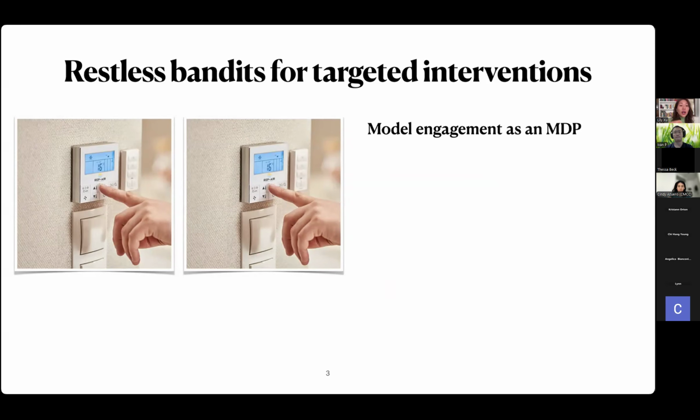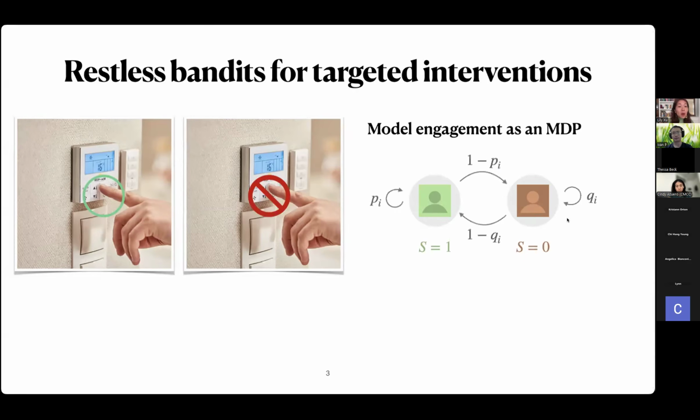We can model one smart home user, for example, as a Markov decision process where there is some state associated with this individual. They can either be engaging or not engaging with the power optimization program that we want them to enroll in.